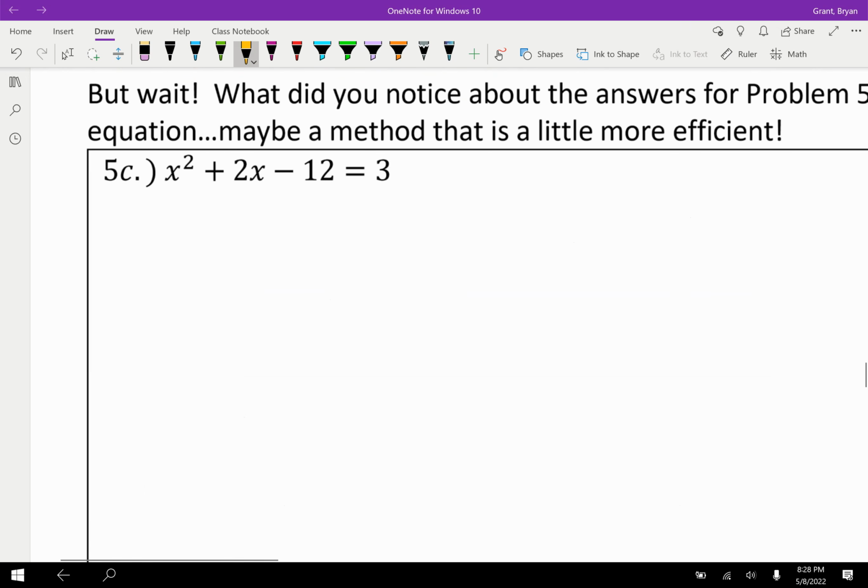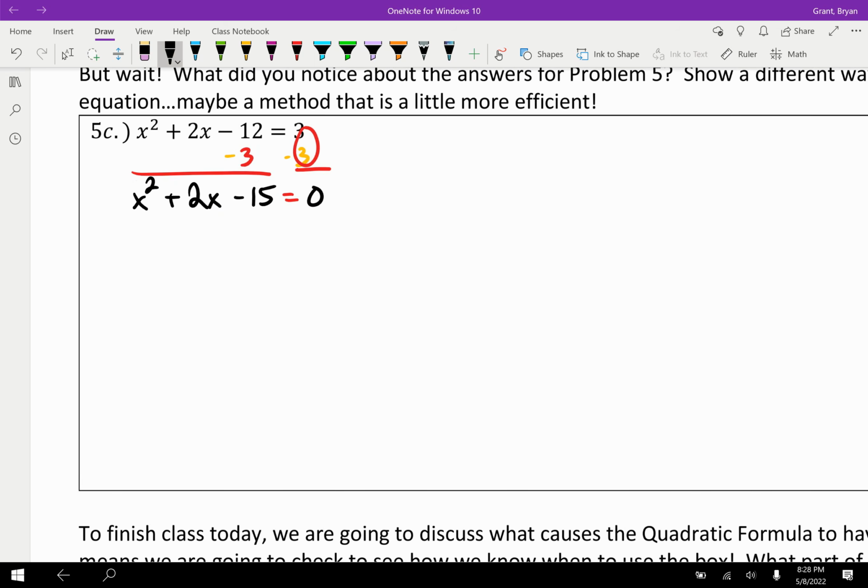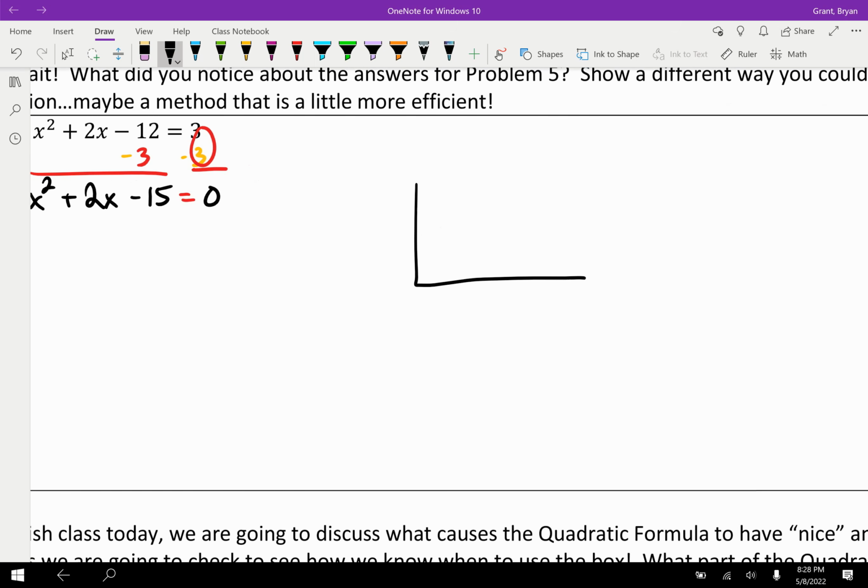So let's start off the same way, right? We subtract 3 from each side. And so we end up with x squared plus 2x minus 15 equals 0. And then we use that box method. Okay, so I'm going to do the box method off on the side. And we go through and we say, okay, we're putting in x squared and negative 15.